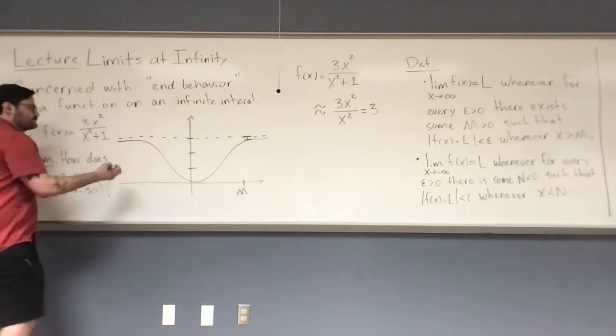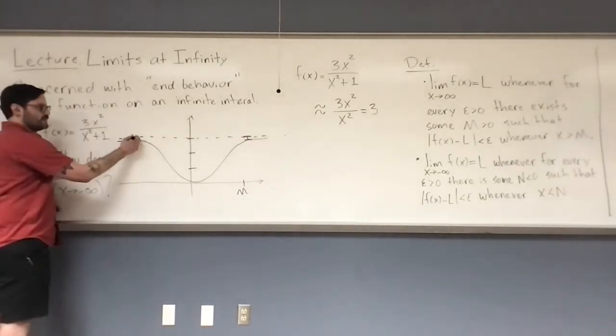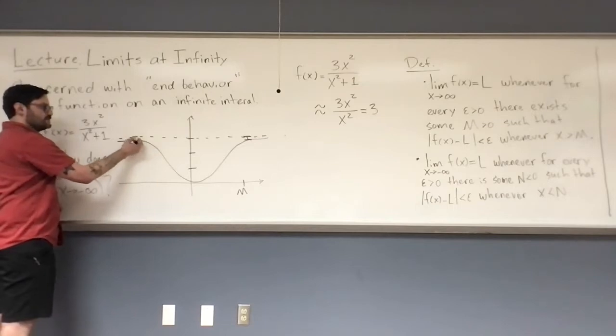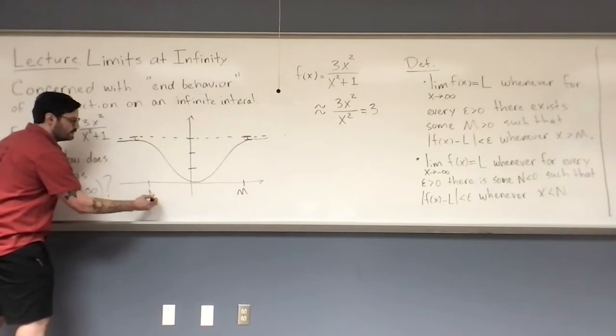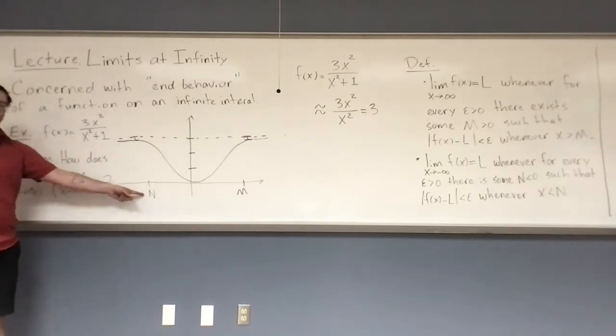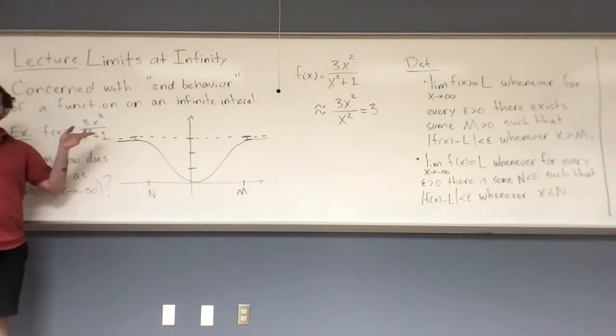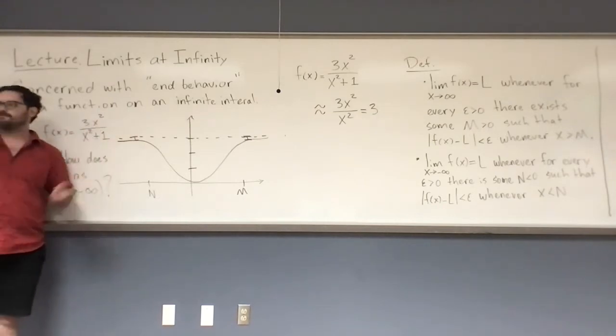So if we pick some distance epsilon, like this, whatever that distance is, then maybe n would be right there. And we pick anything more negative than n, the function's output is always going to be within that distance to the number 3.